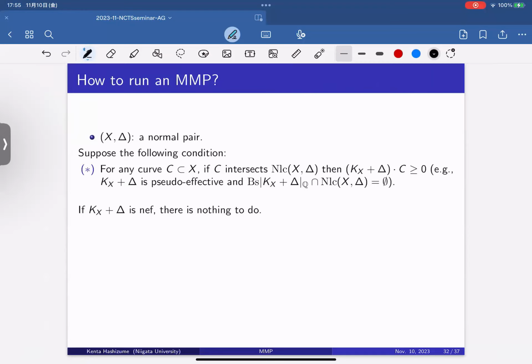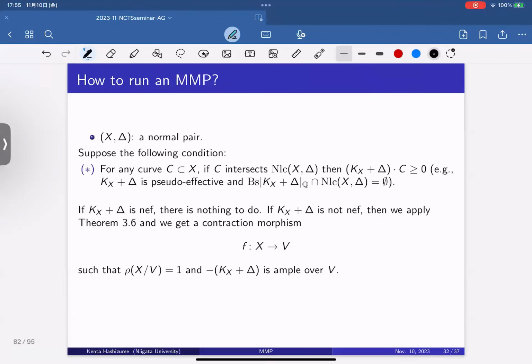If K_X + Δ is nef, there is nothing to prove because (X, Δ) itself is a minimal model. So we may assume that the log canonical divisor is not nef. Then we apply Fujino's cone and contraction theorem, and we get a morphism f such that f contracts a K_X + Δ negative curve.